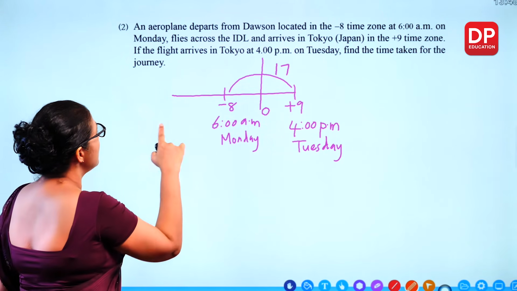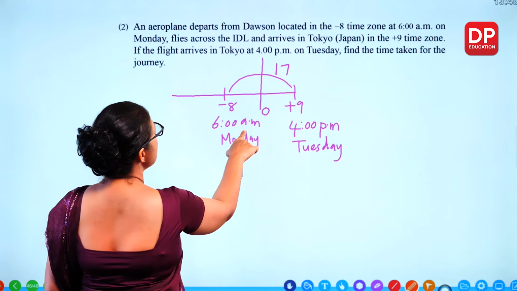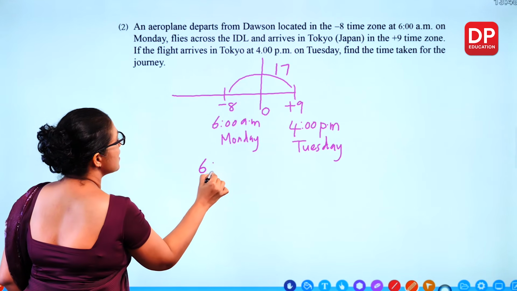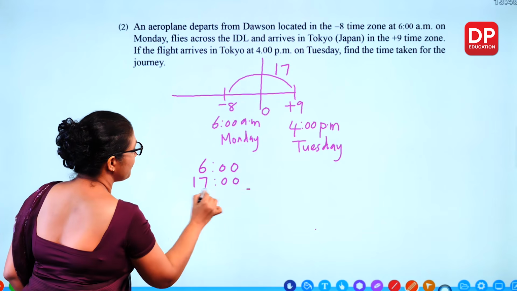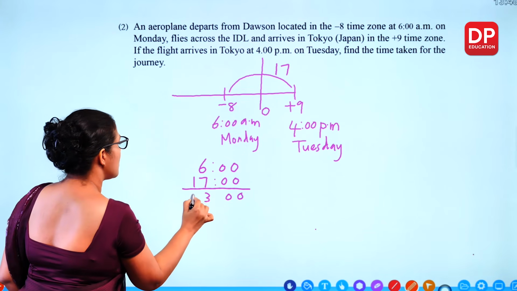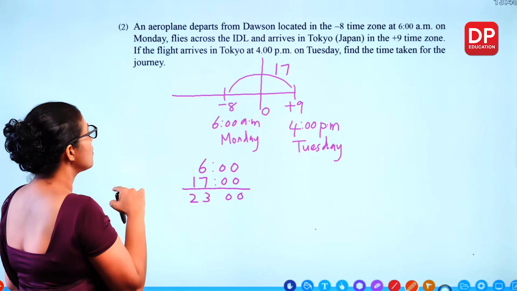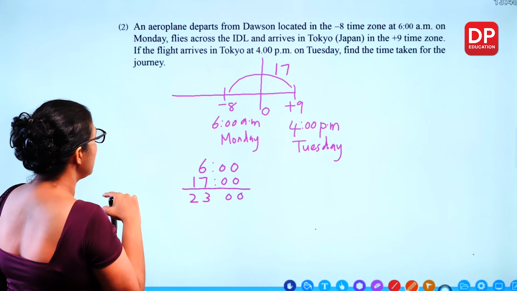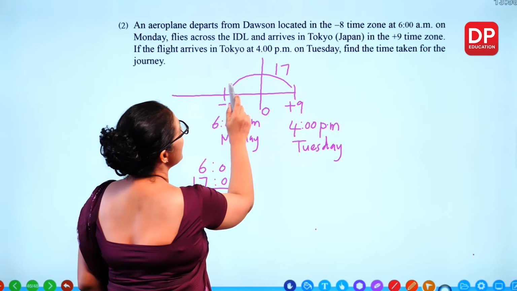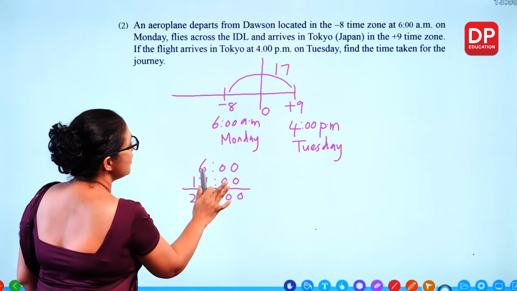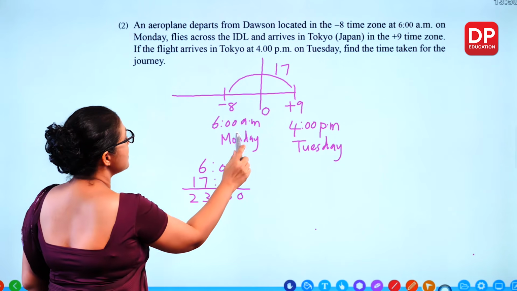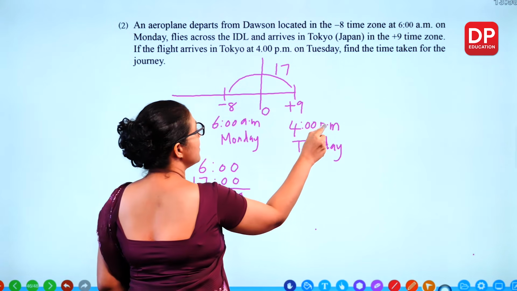Now here 6 is the departing time. So 6 plus 17, you get 23. So here minus 8 to here 17, when you add, that's 23. So 23 is the time here.